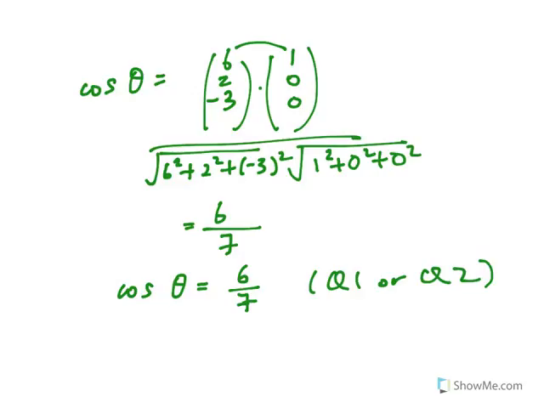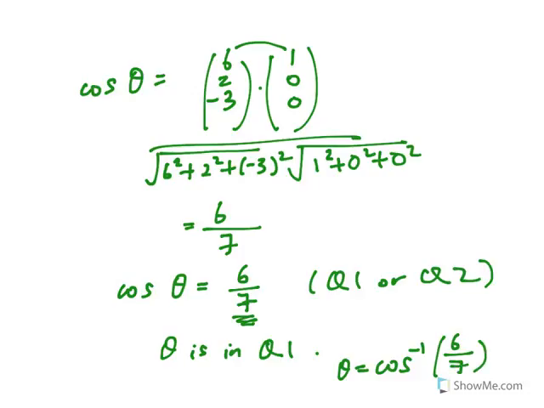Since cosine is positive, theta has to be in quadrant 1. From the principal angle, theta equals cosine inverse 6 over 7, and rounding off to one decimal place, this gives 31.0 degrees.